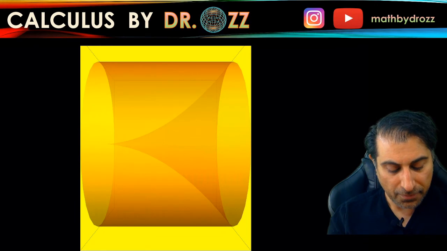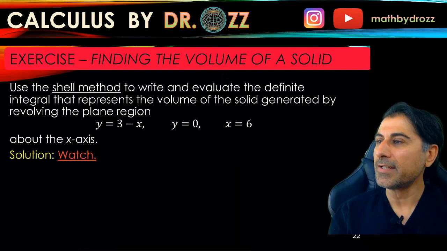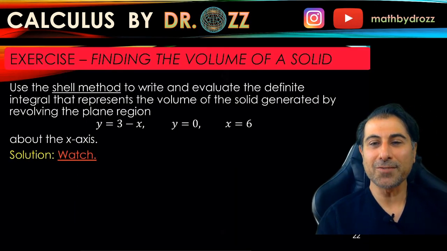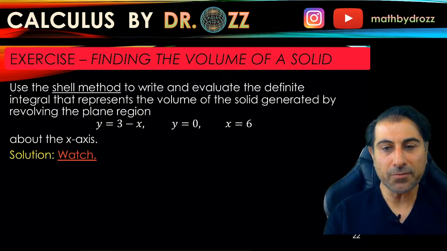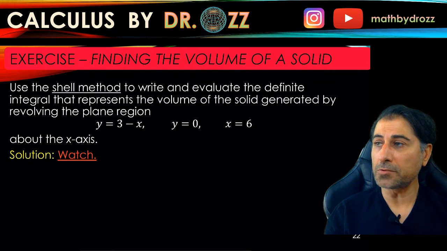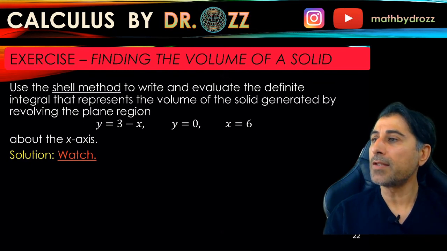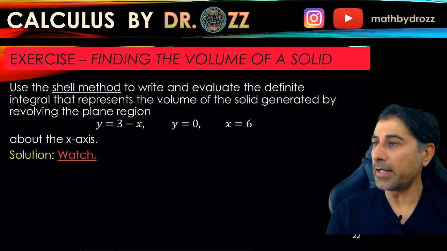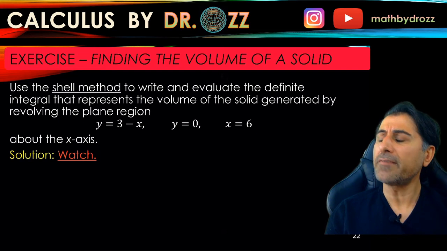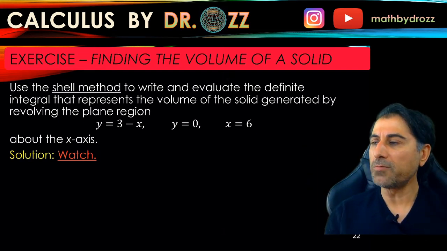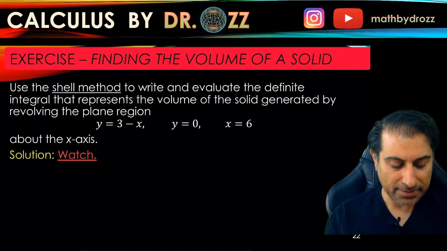And I think the final exercise in this list is, again, the application of the shell method, and I try explaining everything step by step within the videos. Please watch those videos. This time the region is bounded by a line, y equals 3 minus x, and y equals 0, which is the x-axis. And we have x equals 6, a vertical line here, and we're going to revolve the region about the x-axis.